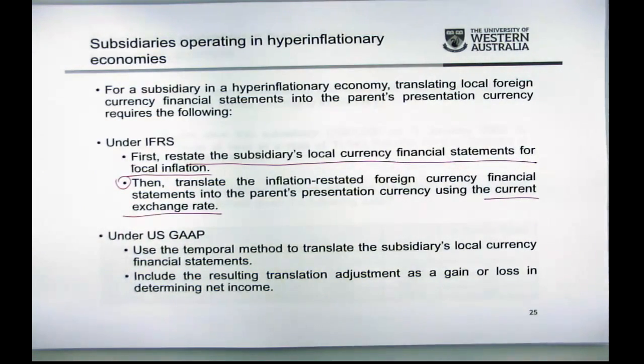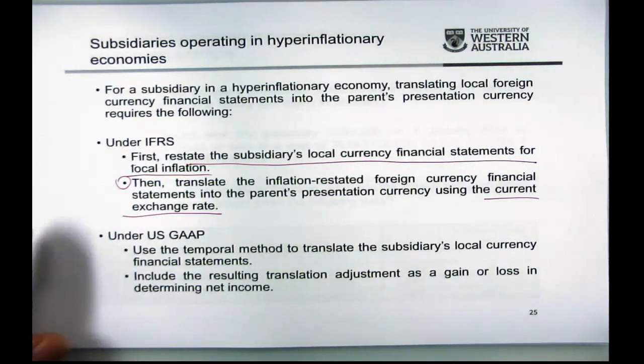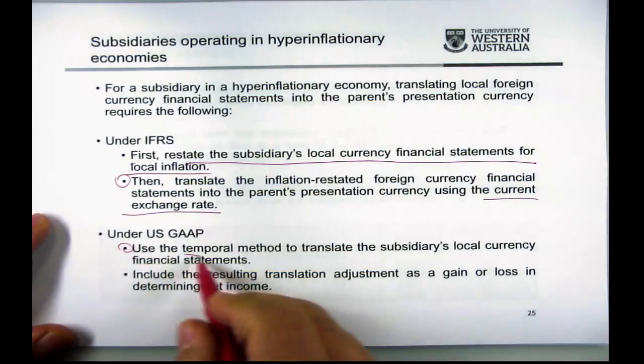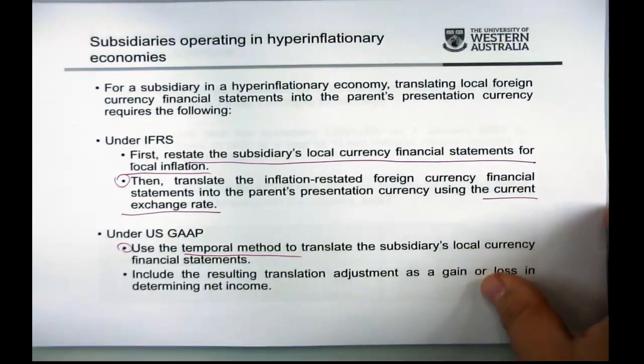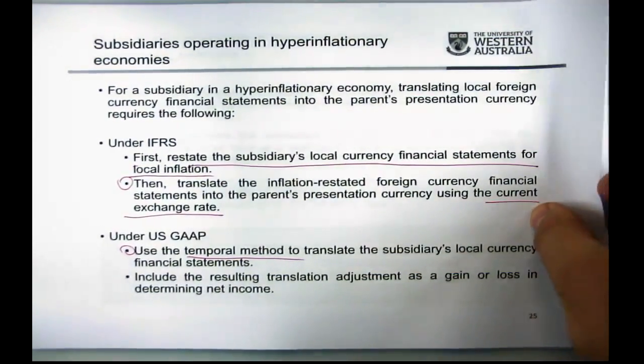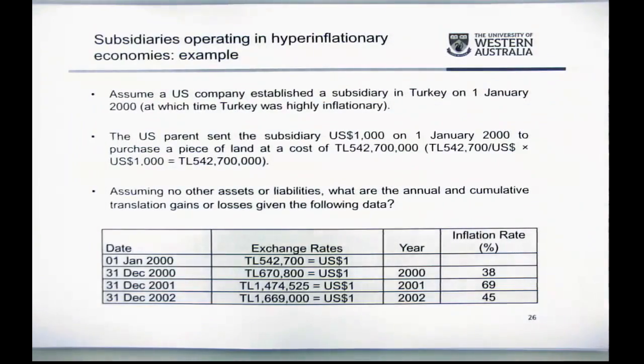Under the US GAAP, the firm should use the temporal method. It doesn't matter what the inflation rate is. So it depends on whether the firm is following the IFRS or the US GAAP.